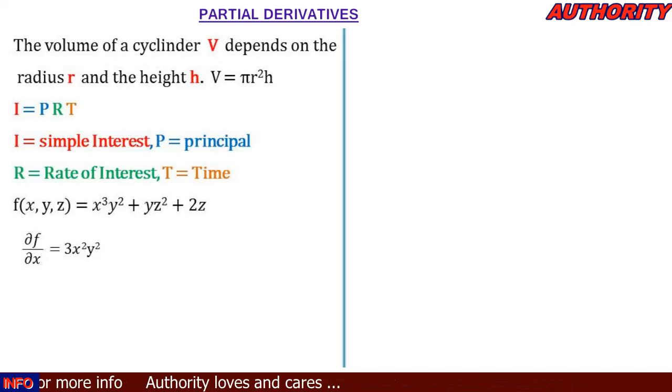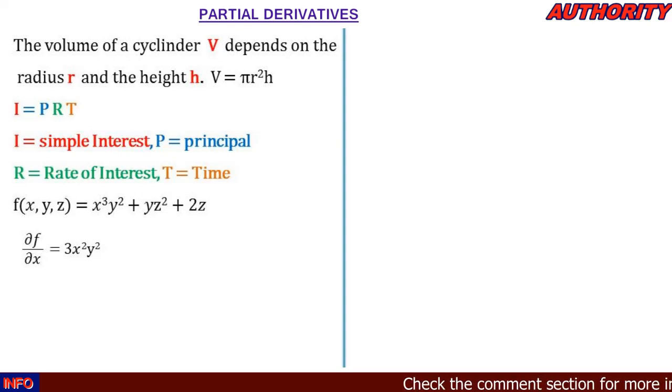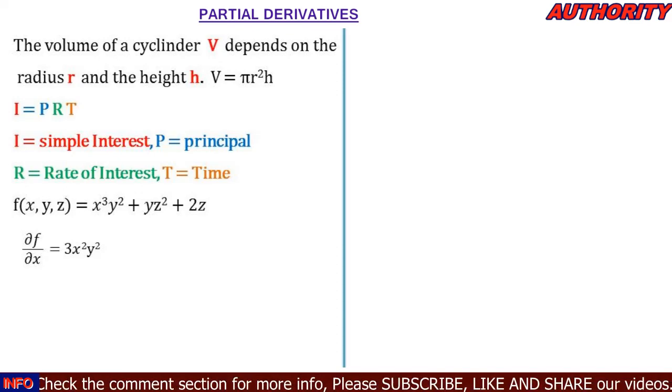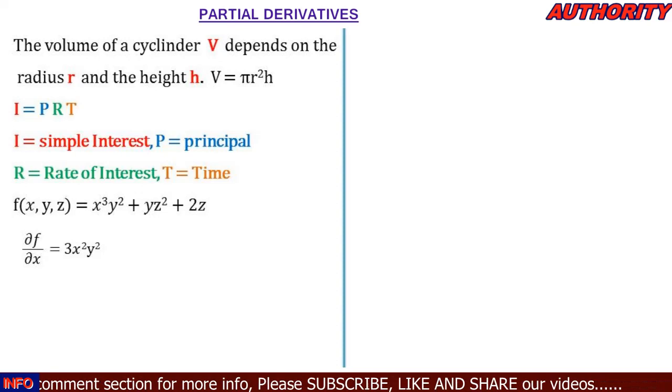And then let's go further to yz squared. In yz squared, there is no x, so all these y and z, we take as a constant. When you differentiate a constant, what will it give you? It will give you 0. Good. Now let's go to 2z. In 2z, there is no x in it, so we take 2z as a constant. When you differentiate a constant, it gives you 0. So the partial derivative of f with respect to x in this function gives us 3x squared y squared.